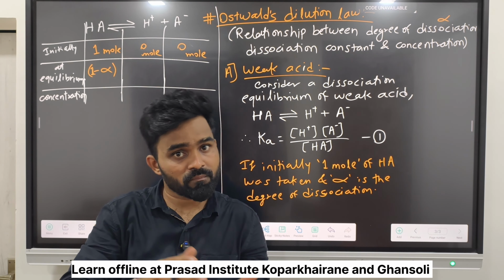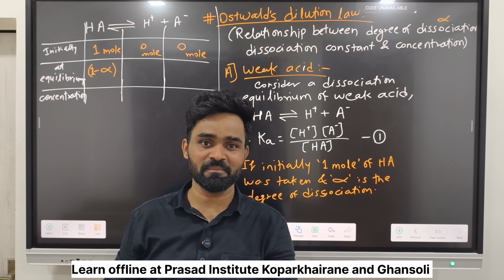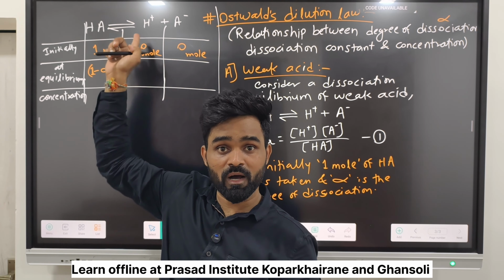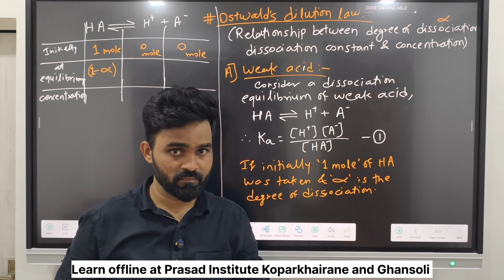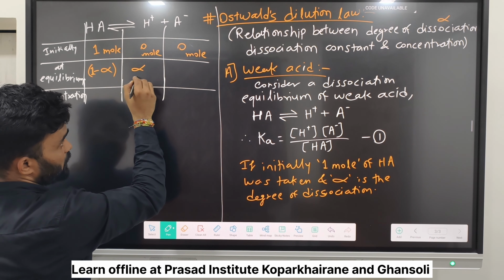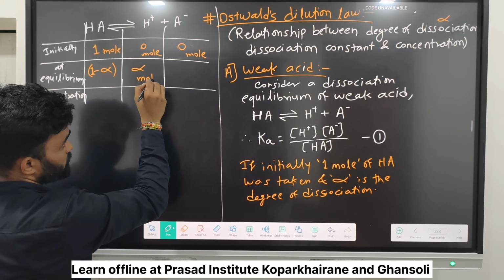Similarly, if 1 pen gives you 1 cap, then alpha pens give you alpha caps. Simple. If alpha moles of this are dissociated, so alpha moles of H plus and alpha moles of A minus are formed. I hope you are with me. समझता है? Good. चला. So here alpha moles and here also alpha moles.